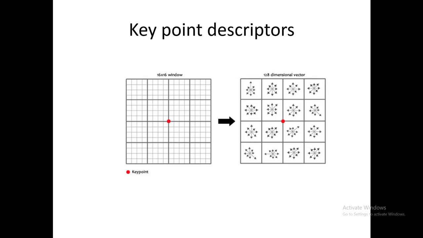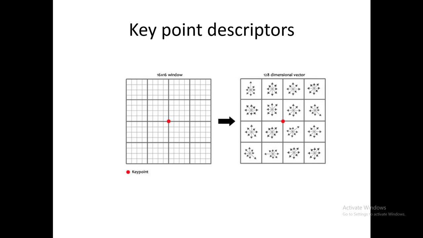So we will have 128 numbers as a feature vector used to describe a single keypoint. Once we have all 128 numbers, we normalize them, and the keypoint is uniquely identified by this feature vector.